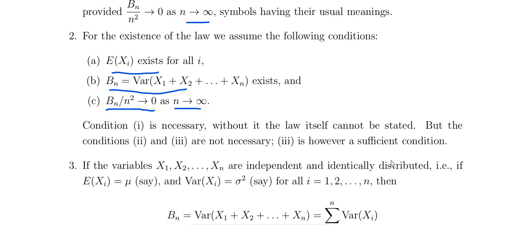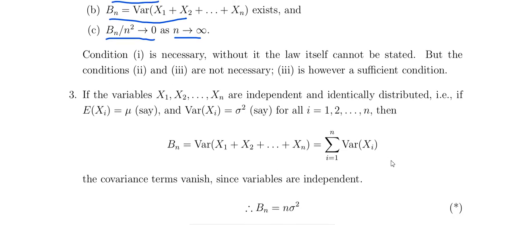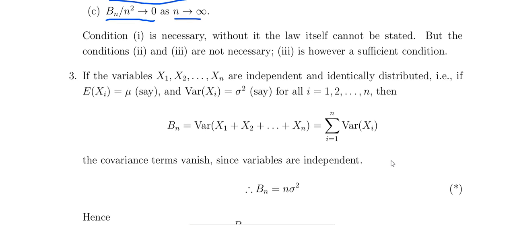Suppose x1, x2, up to xn are independent identically distributed random variables. The expectation of xi is mu, that is the mean, and the variance of xi is sigma square, for i equal to 1 to n. So bn is the variance of x1 plus x2 plus up to xn, that is the summation of the variance of xi for i equal to 1 to n.